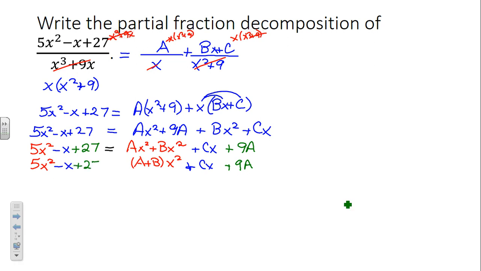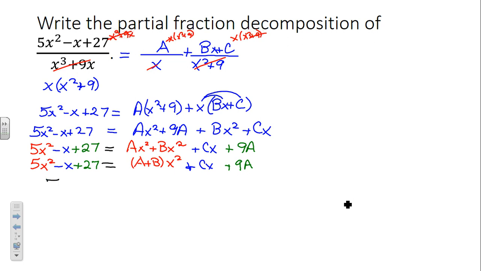Sorry, just getting crazy with my colors here. Exactly. We can use those coefficients to do some mathematical wizardry. Because if a plus b is the coefficient in front of x squared, and 5 is the coefficient in front of x squared, what do you think 5 has to be equal to?